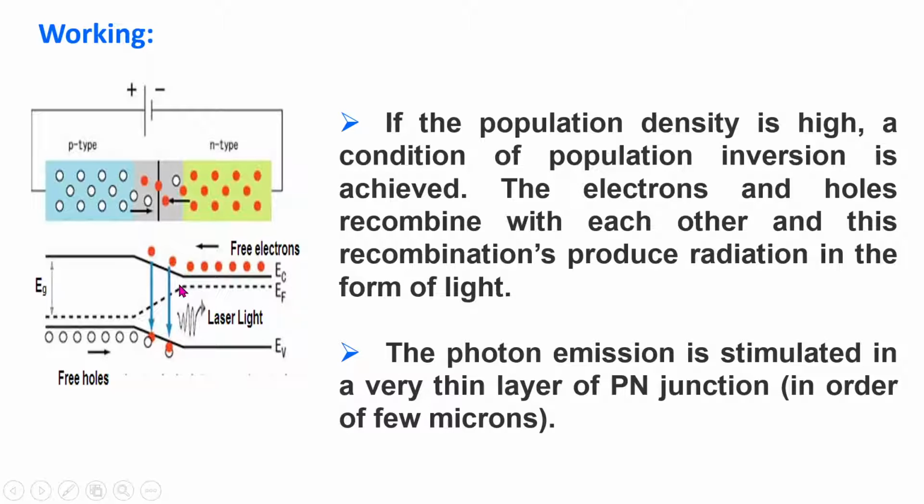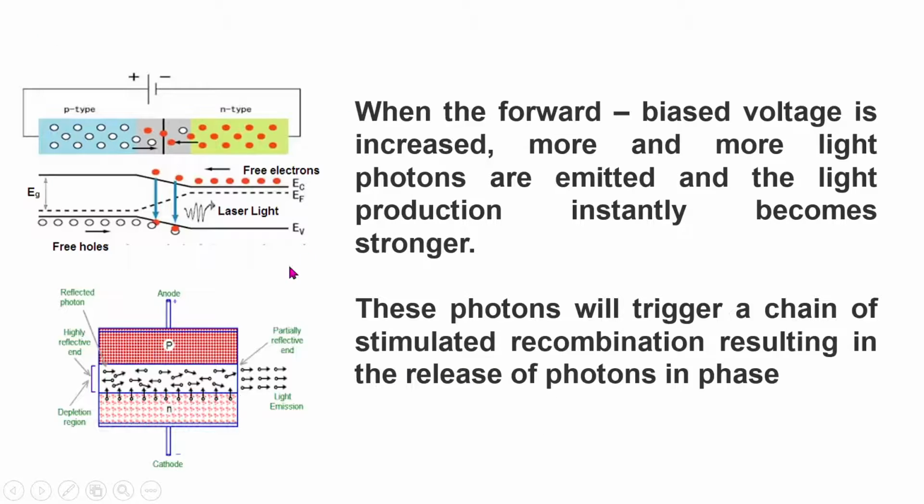So here in this energy level diagram, we can say that when there is the recombination of the electrons and holes within the depletion region, it emits photons, and these emitted photons produce a light source, and that beam of light is nothing but the laser light.